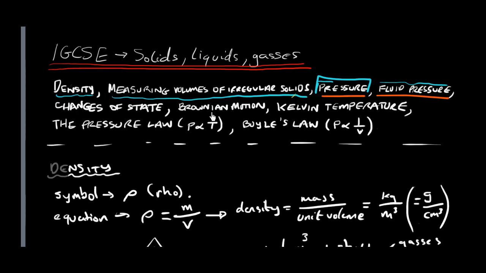And I would like to talk a little bit now about, actually Brownian motion we already covered, so I can cross this one out, in the sense that we've already talked about it in the third video, the last one before this one. And changes of state is what I wanted to look at now, and Kelvin temperatures also. I think we should have enough to talk about both of them, and then move on to the last video where we talk about the pressure law and Boyle's law.